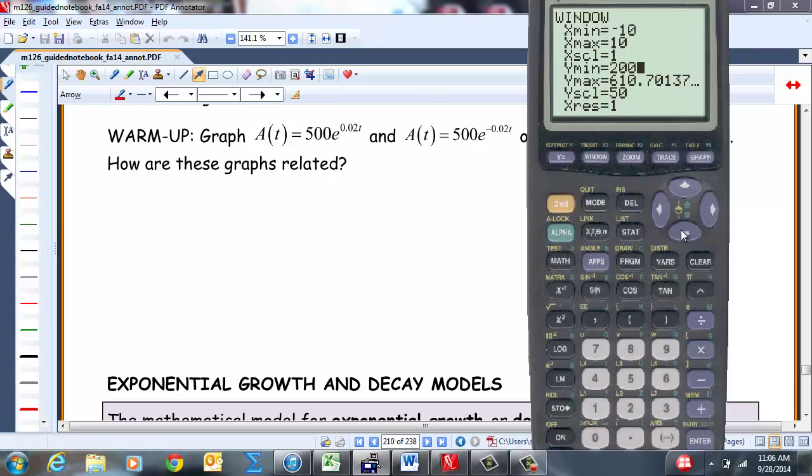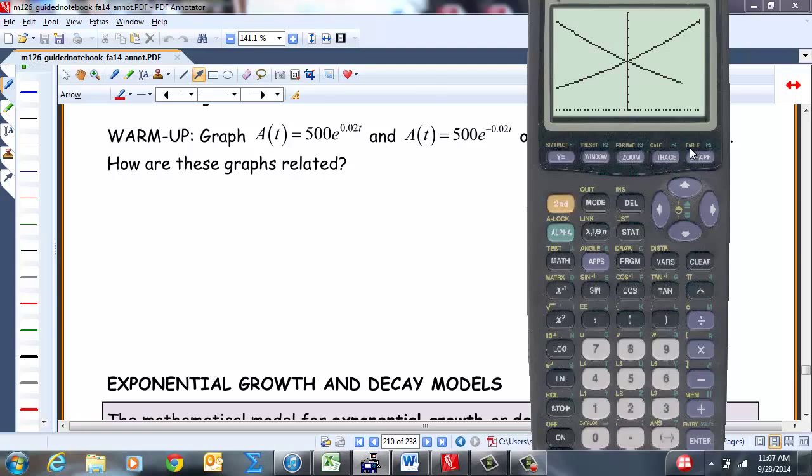There we go. That's going to look a little more curved. Maybe we need to go further on the X, so let's do X from negative 20 to 20. See what that looks like. That's going to be good enough.